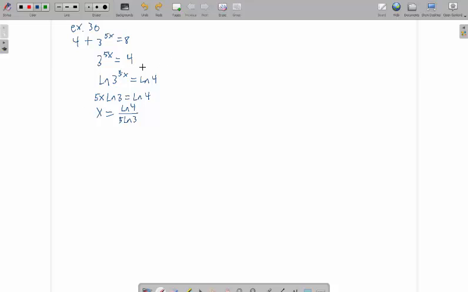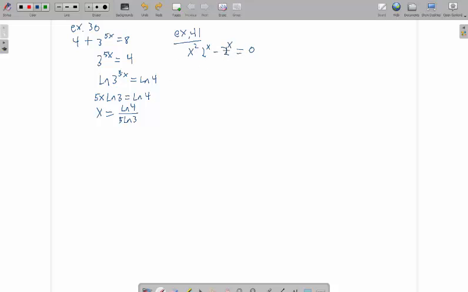Let's see about 41. This is a problem that mixes a couple things. 41, I have x squared. All of these, I haven't actually been writing the instruction, but the instruction is just solve the equation. So I have x squared times 2 to the x minus 2 to the x equals 0.